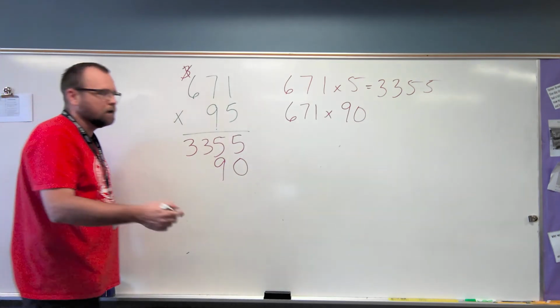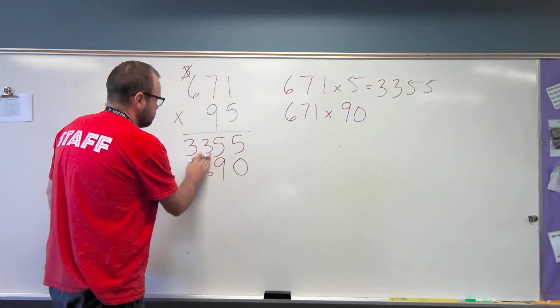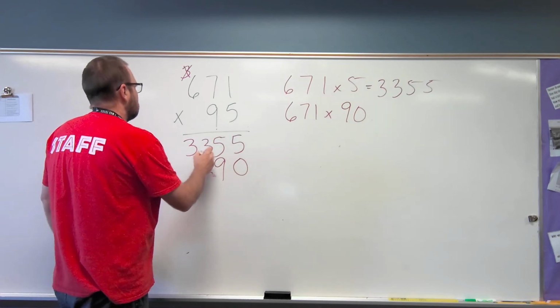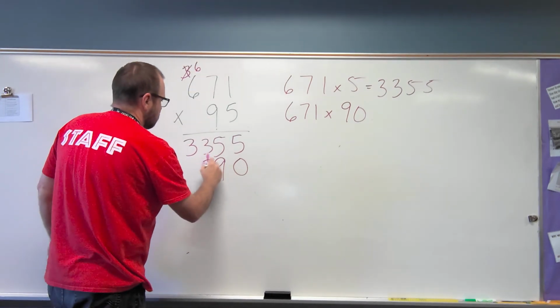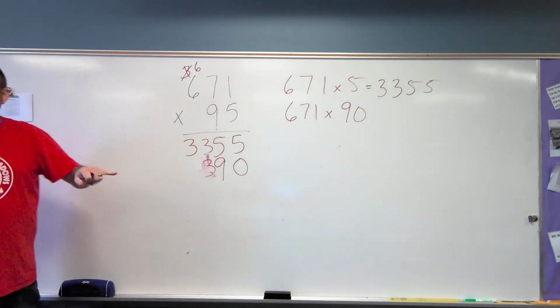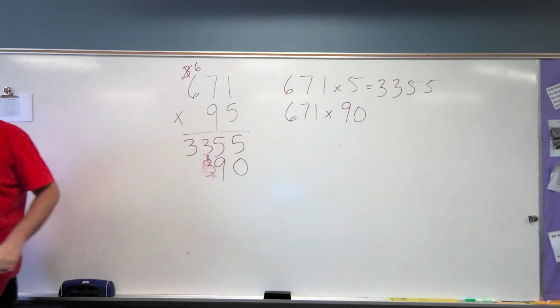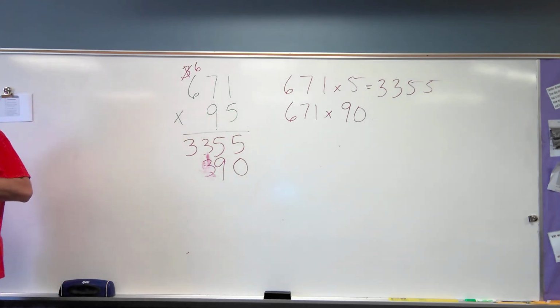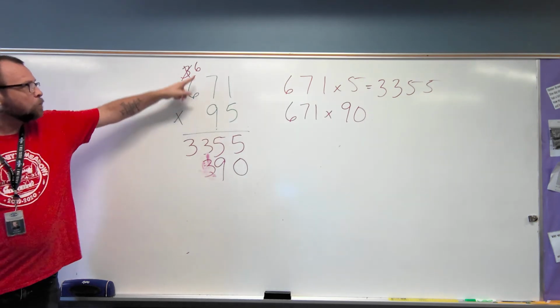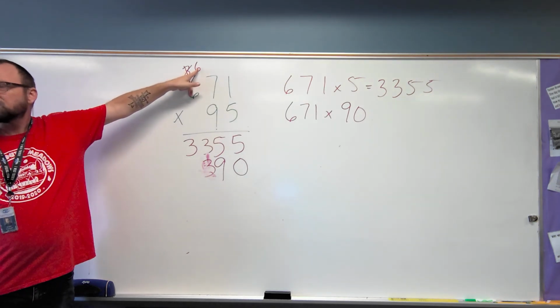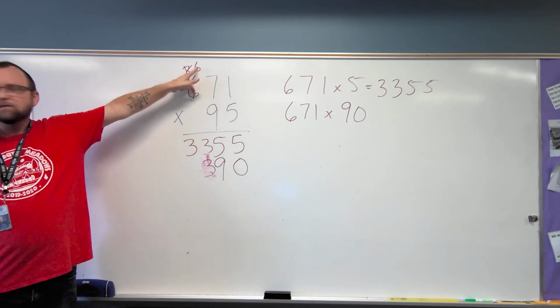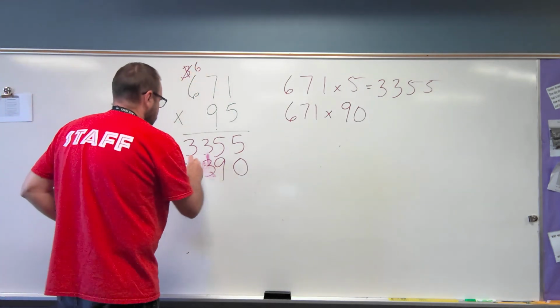So that's 3 in the hundreds place and 6 in the thousands place. Now, McKenna, 9 times 6. That would be 54. And then we have this extra 6 up here. So it's 54 plus 6? 60.